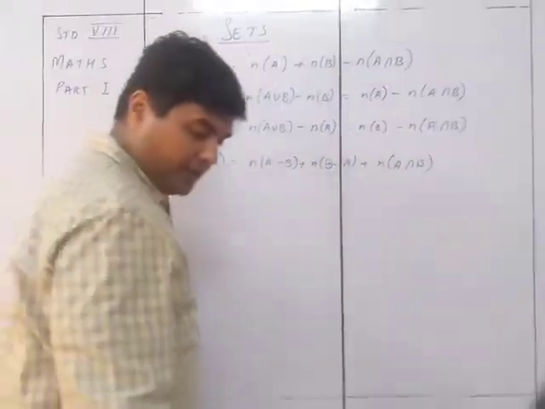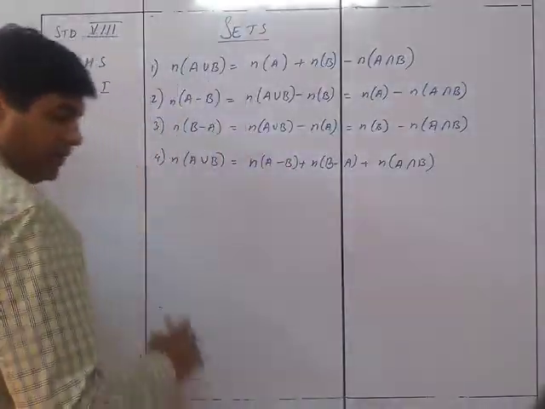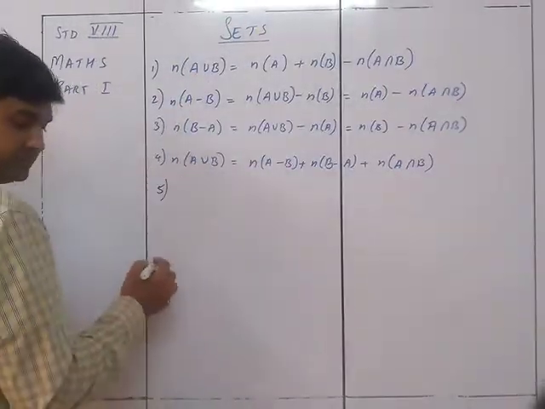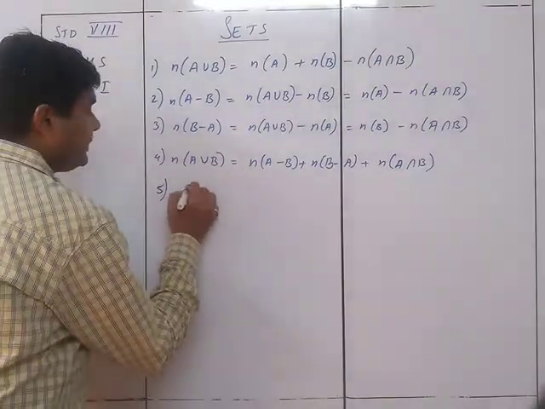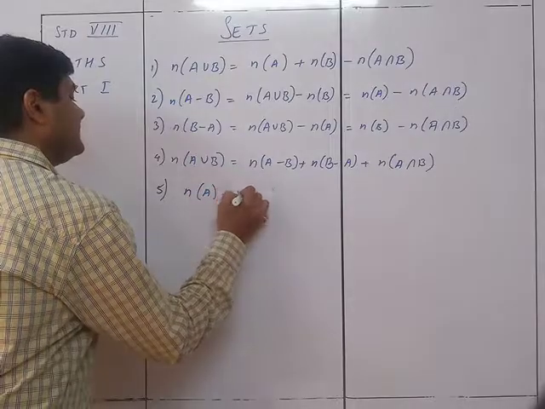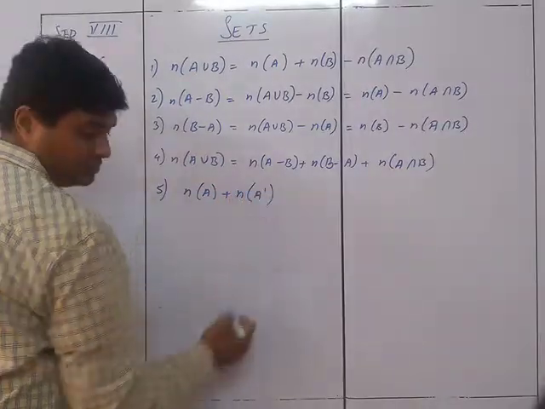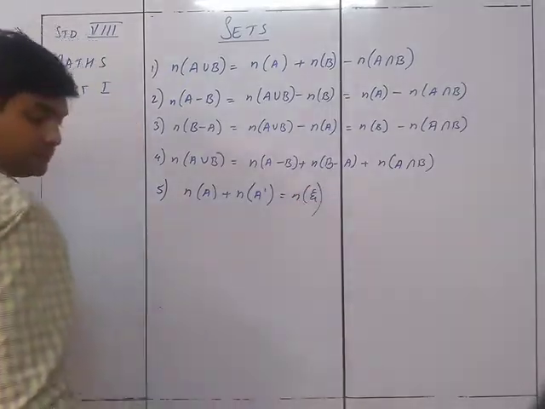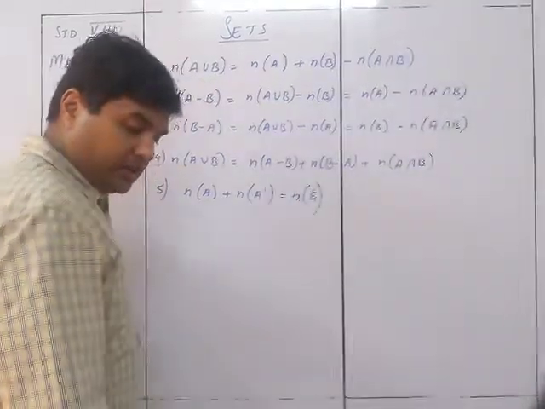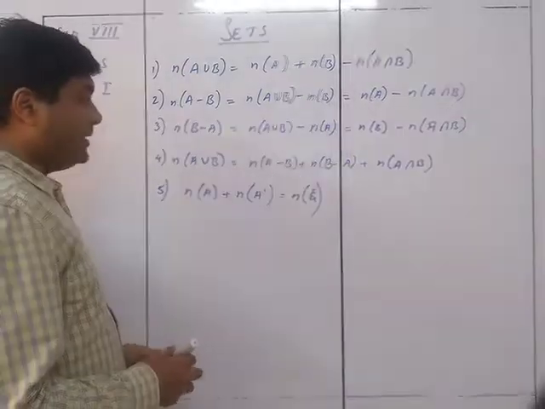Doesn't matter, don't need to understand that. Then finally over here, if the universal set is there, then n(A) plus n(A') is equal to n(universal set).